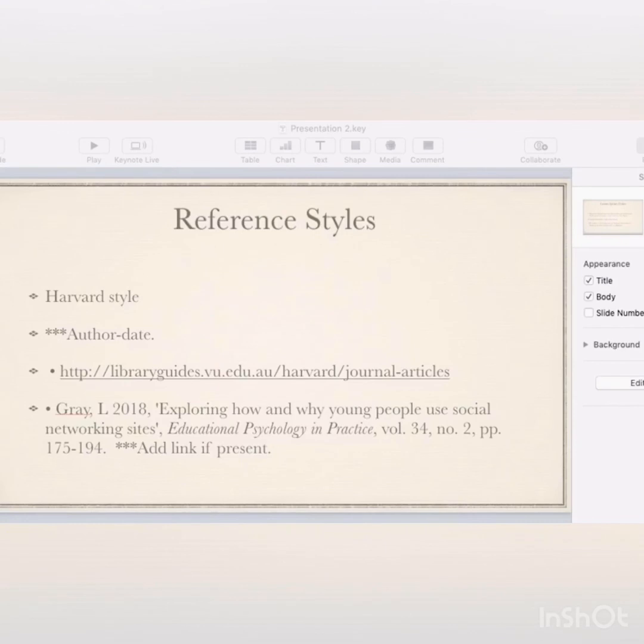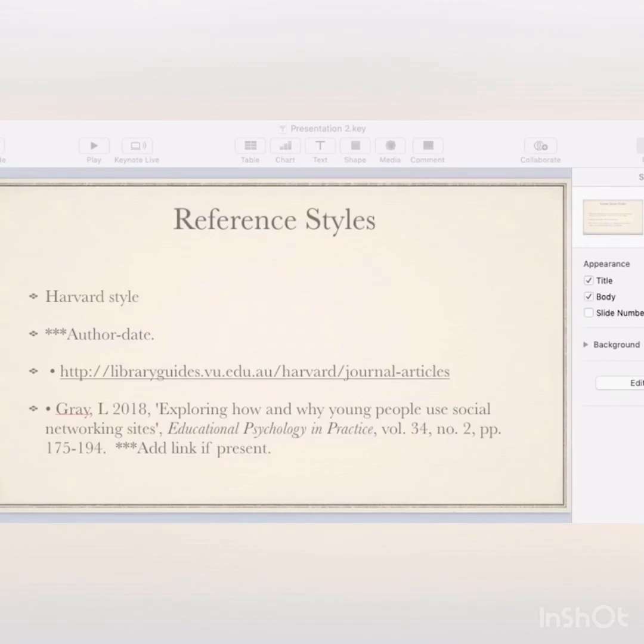This is again followed by the title, exploring how and why young people use social networking sites. And again, like the Vancouver style, the title of the journal in which this work was published is written in italics. However, the issue and volume is not written in the colon format.